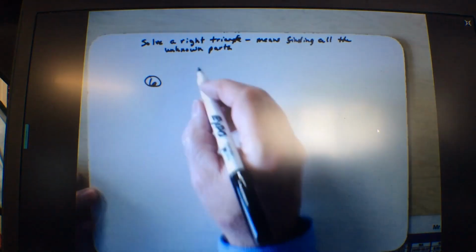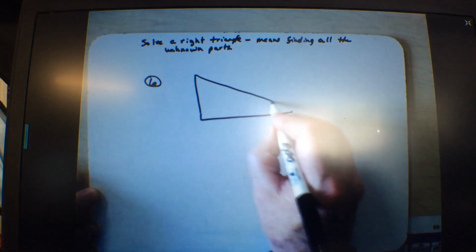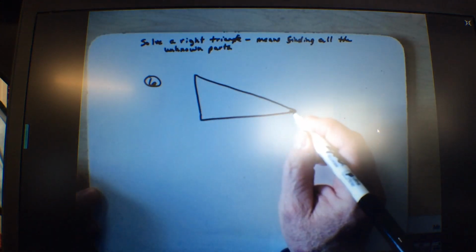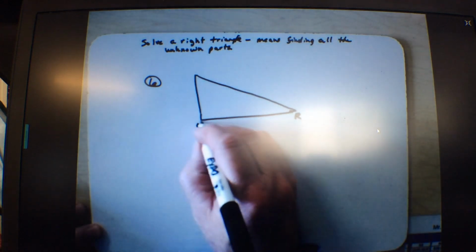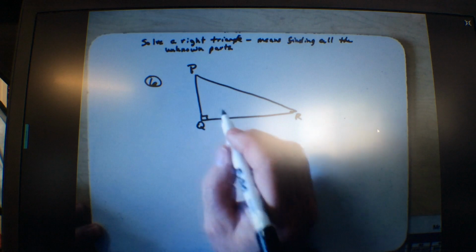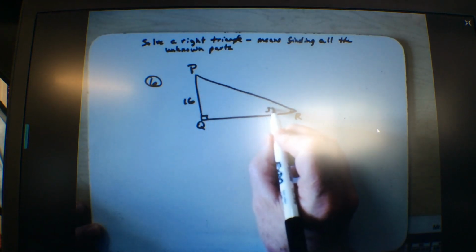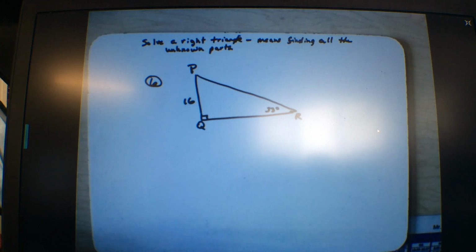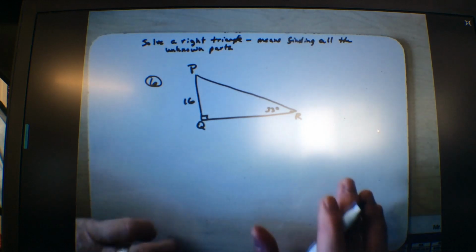So what happens is I give you a right triangle. This is R, this is Q, it's the right angle, this is P. This is 16, and this is 33 degrees. So, what's unknown?